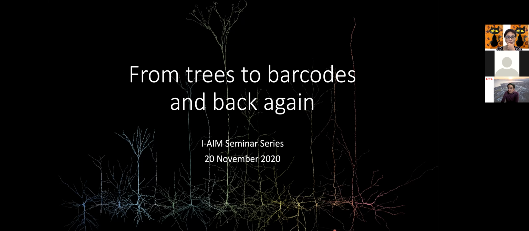Just to give you some indication of the incredible diversity of neuron morphologies. And since the shape of a neuron is closely related to its function, it's really important to find good ways to describe this structure in order to better understand their function.